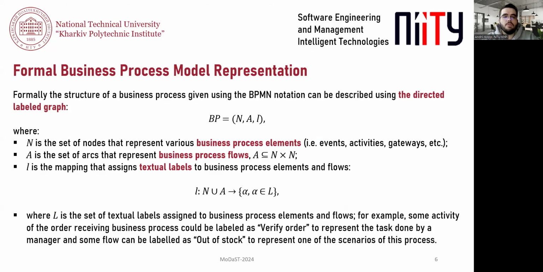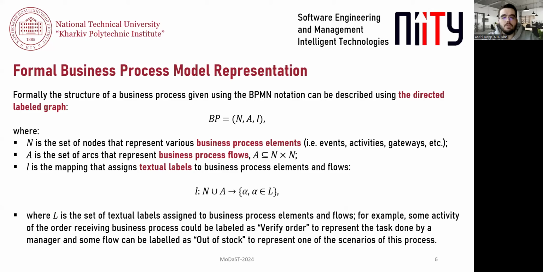Formally, the structure of a business process given using BPMN notation can be described using the directed labeled graph. In this graph, we have the set of nodes that represent various business process elements like events, activities, gateways, and others, set of arcs that represent business process flow, and mapping that assigns textual labels to business process elements and flows.